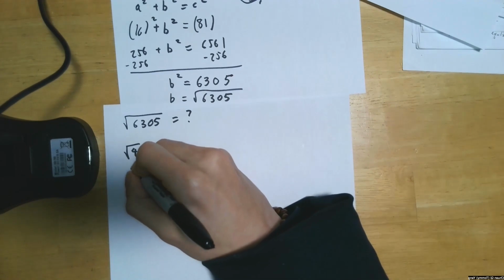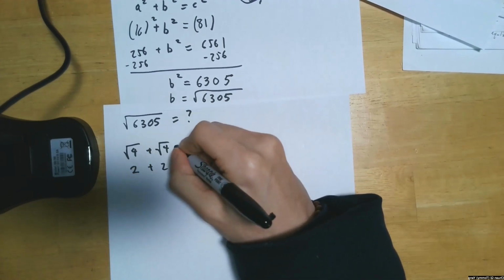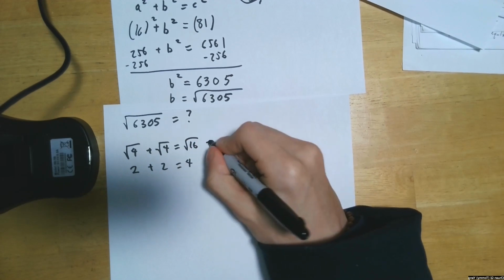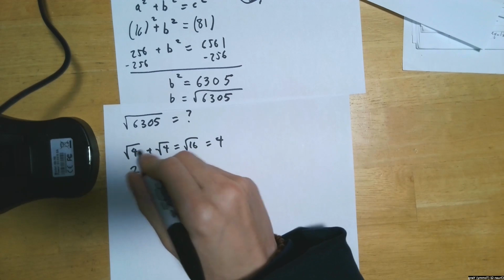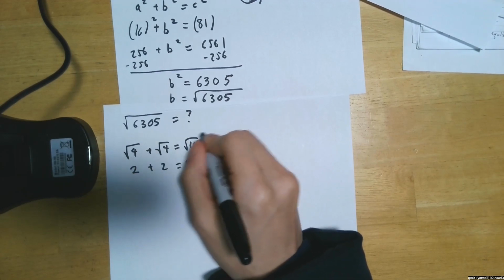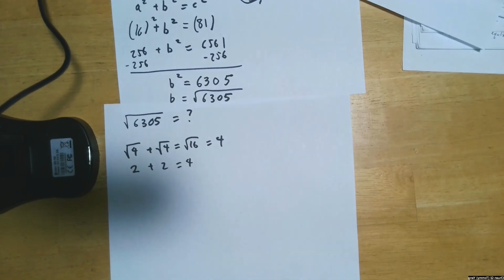Square root 4 is equal to 2. So this is 2 plus 2, which is 4. And this is also equal to square root 16, because the square root of 16 is also 4. So this is something that you can kind of understand.